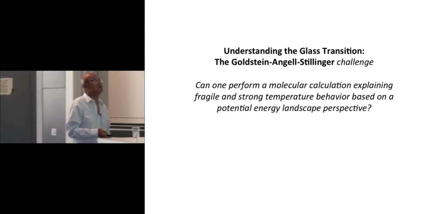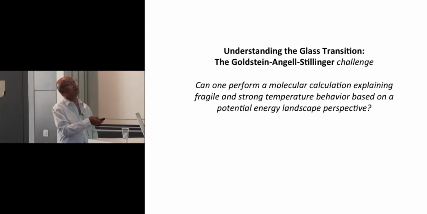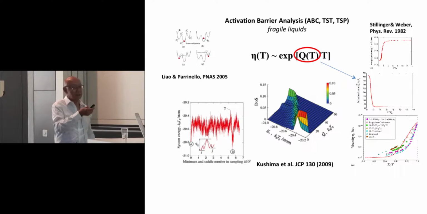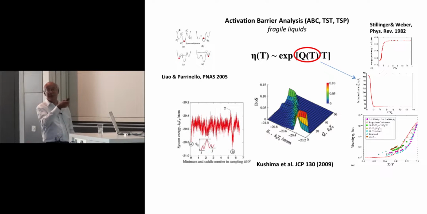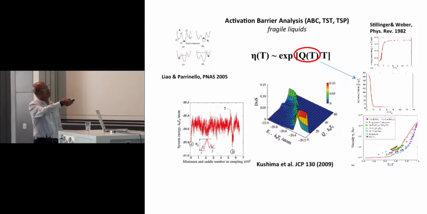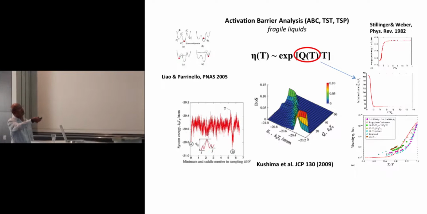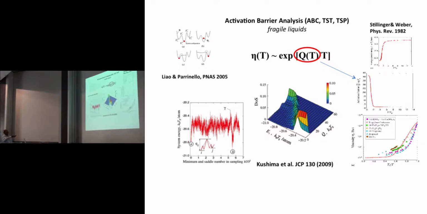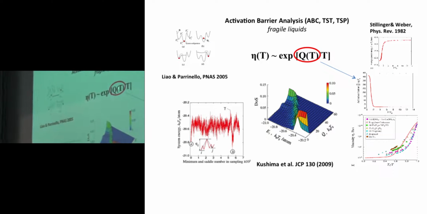So here comes the answer to this question. All right? I'm not going to say much unless somebody wants to stop me or talk about it afterwards. So basically you use transition state theory, which says you can write the viscosity as a function of temperature as some prefactor times an exponent of an effective activation barrier which is temperature dependent.